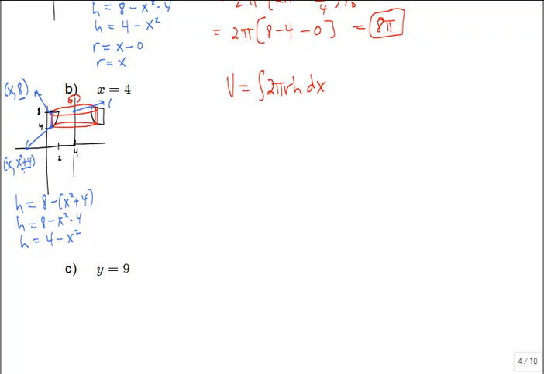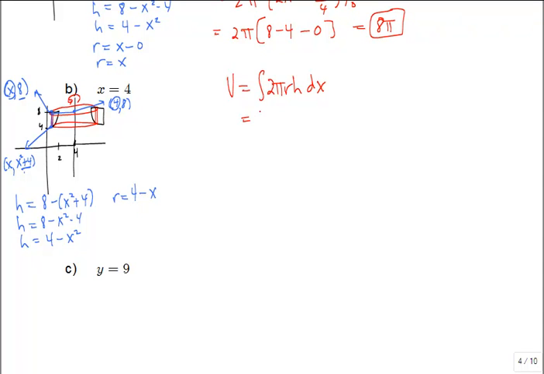If I pick this one, this has an x value of 4, and it just so happens that the y coordinate would be 8, but you don't have to use that y coordinate at all. We're going to use this rightmost x minus this leftmost x to get that horizontal distance across. So this x minus this x tells me that the radius is 4 minus x. So notice that this radius is no longer just a simple x, it's been shifted because of that 4.